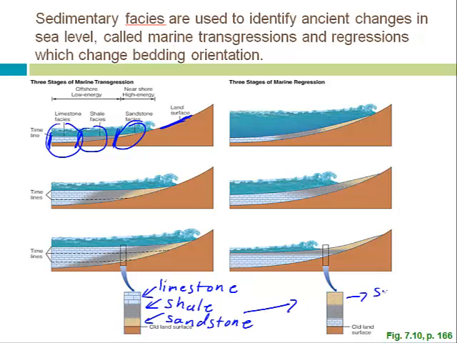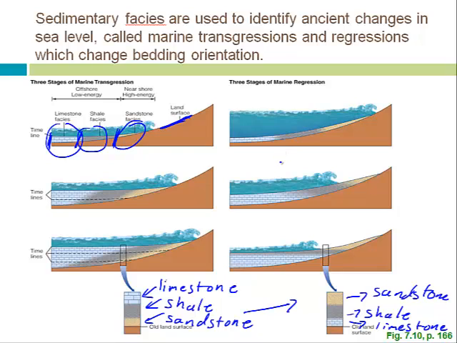You have sandstone on the top, and you have shale, and then on the bottom you have the limestone, and then at the very bottom you have the old land surface, which suggests that you started out with a deep marine basin, but it regressed over time.